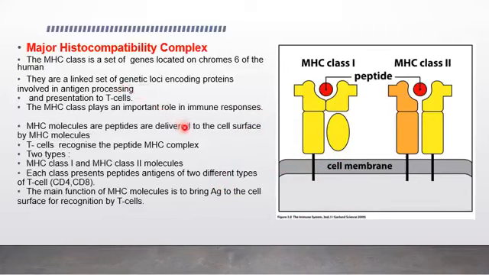It is a linked set of genetic loci encoding proteins involved in antigen processing and presentation to the T cells. The major histocompatibility complex plays an important role in the immune response. I will explain that later in each part.